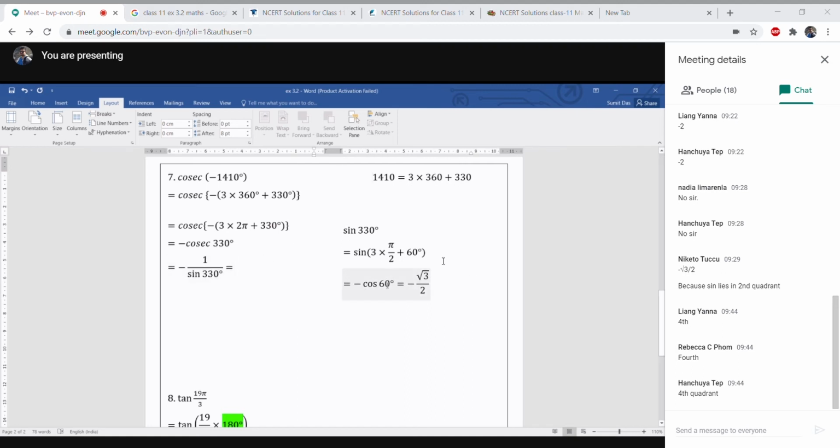Okay, so sine 330 value we got is minus root 3 by 2. So we'll put the value minus 1 by minus root 3 by 2.